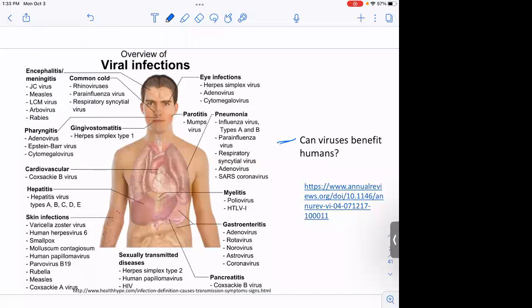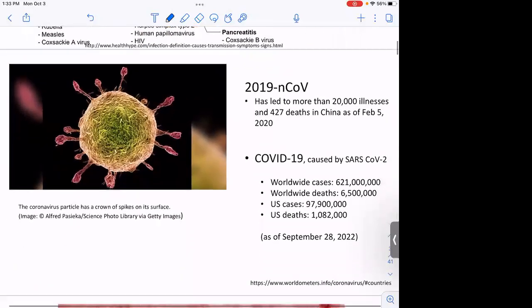I read an article a while back about using poliovirus to try to reduce tumors in the brain. There's potential to treat genetic diseases using viruses as a carrier. And of course, there have been several vaccines for COVID that have used viruses as a way to get the RNA or DNA for the spike protein into our cells effectively. So you have to think for a while, but there are ways that viruses can benefit us.